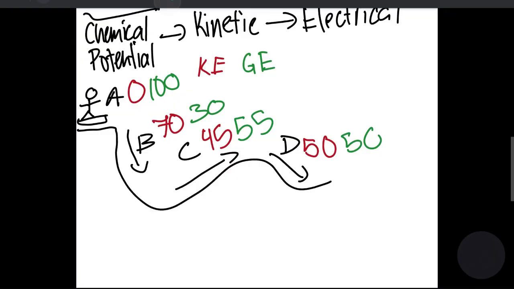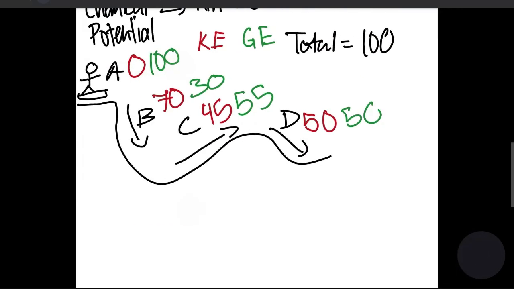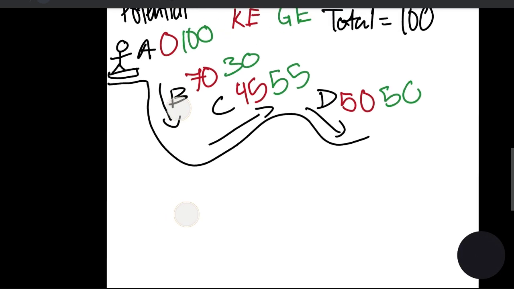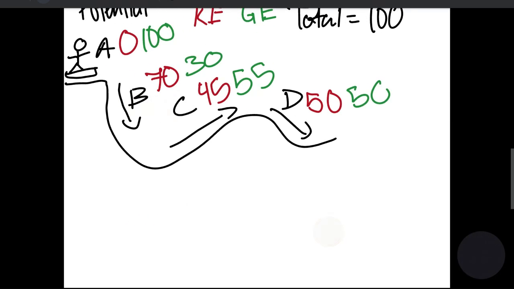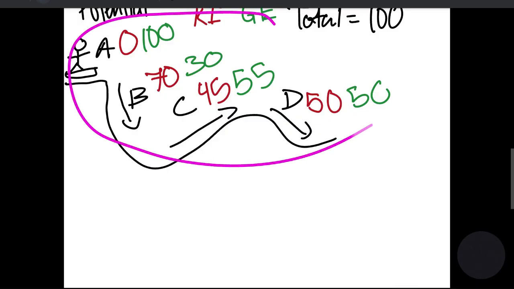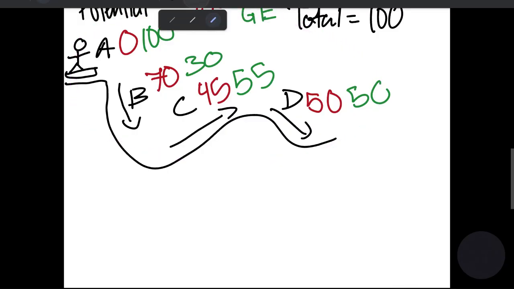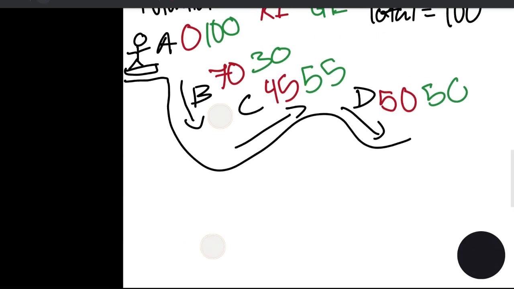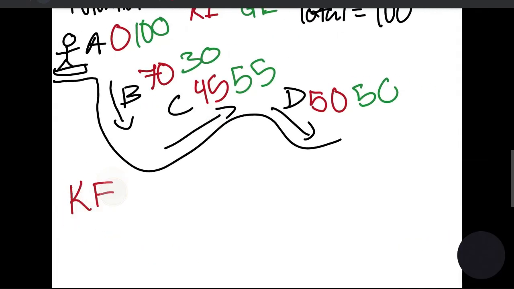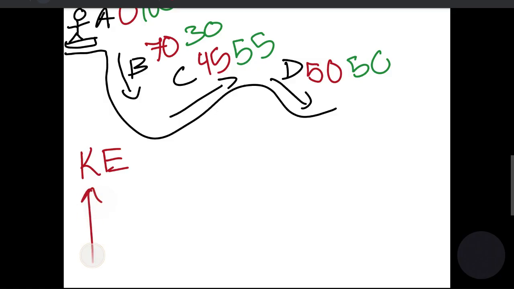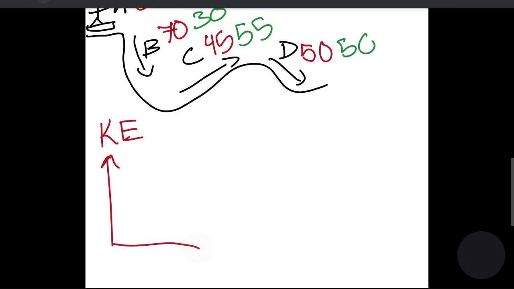If, let's say, total energy is 100. You get this? So the graph of this entire thing, let me draw for KE first. So KE, like a simple graph, would be 0 to 70 to 45 to 50.